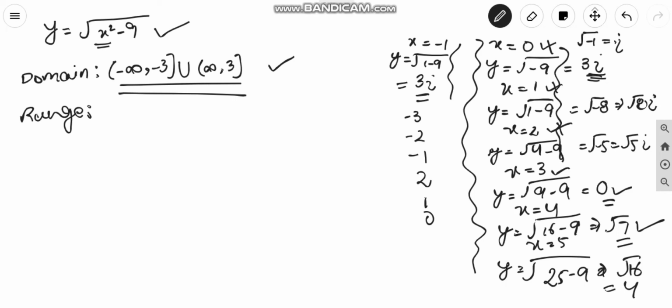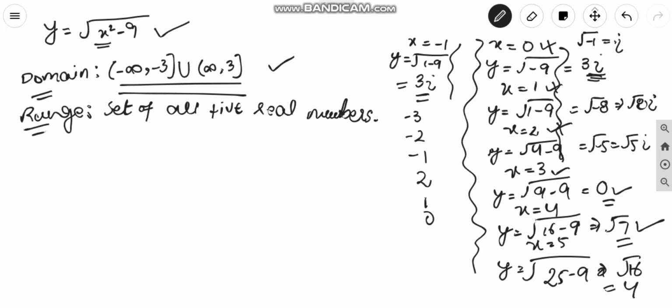You can see that we are getting again and again positive real numbers. So the range is the set of all positive real numbers. This is the way we can find out the domain and the range of any function.